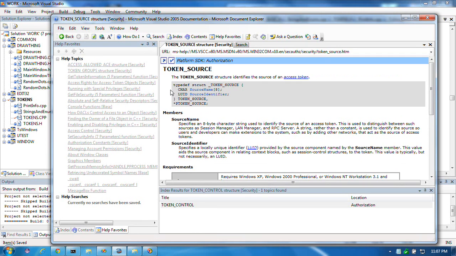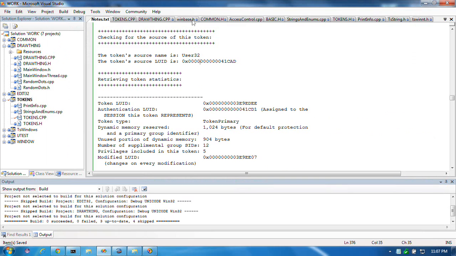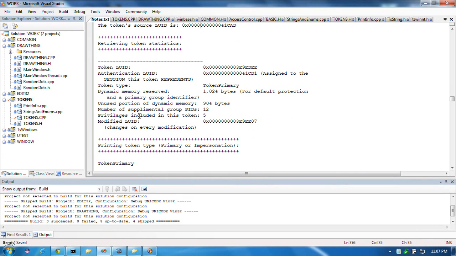Strangely, the source name is not in T cards, it's in regular old cards. To distinguish between line manager, RPC, a string rather than constant. No, I don't know. I'm not even going to bother with that at this point. I'm too confused already.